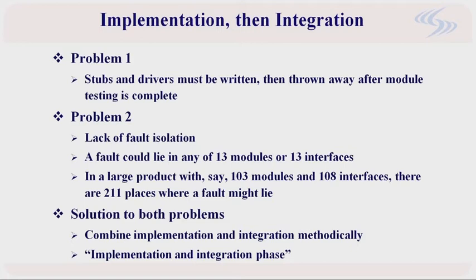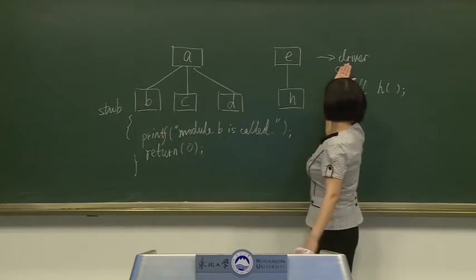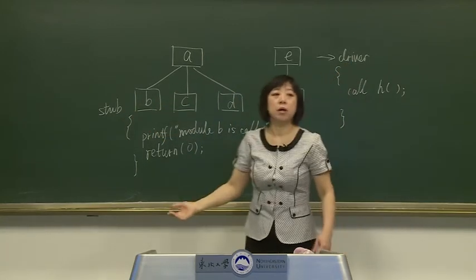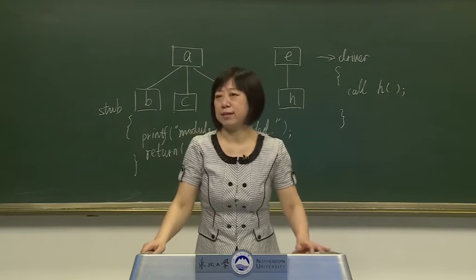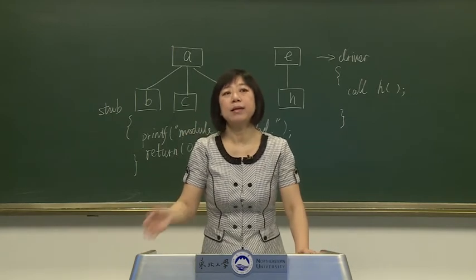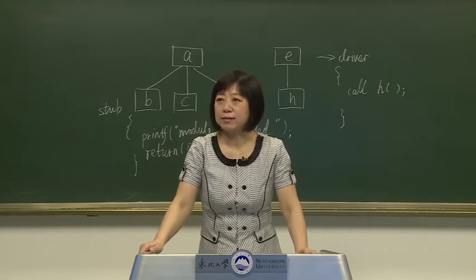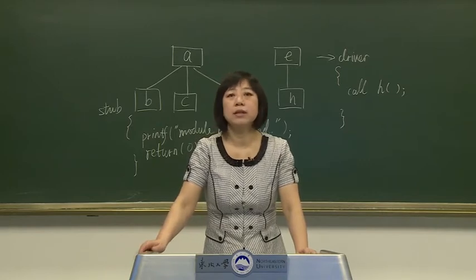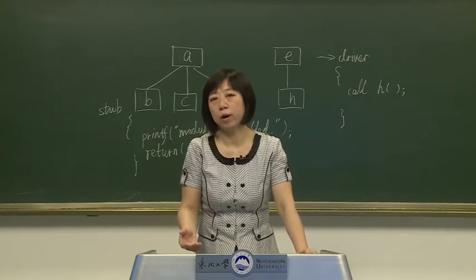Implementation and then integration will cause stubs and drivers to be written and then thrown away after module testing is complete. That means the stubs and the drivers will be used for only module testing, and then they will be discarded. So that means a waste of work, right?